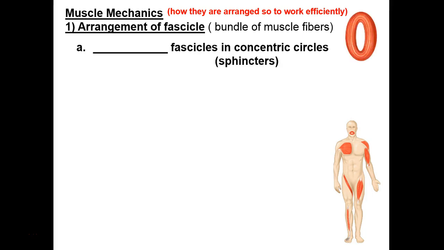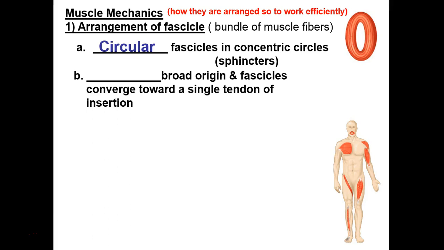If the fascicle runs in concentric circles, like the image that just came up there, a concentric circle is one circle on another, that arrangement is called a circular fascicle arrangement, and you find that around your mouth, the orbicularis oris, or around your eyes, the orbicularis oculi, or sometimes in smooth muscle in the organs like the digestive tract, the muscles are running in concentric circles and can be sphincter muscles or valves.